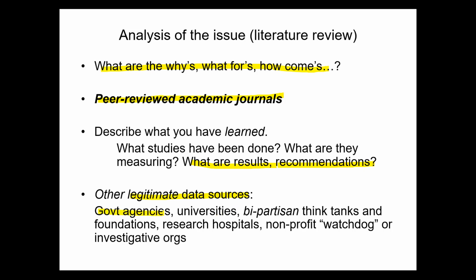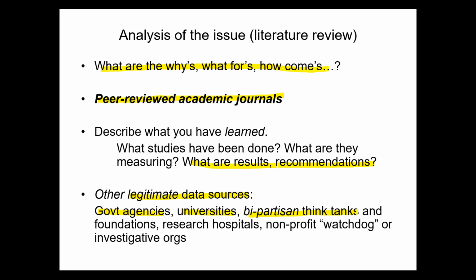There's lots of other legitimate data sources out there to help describe your topic, such as government agencies that are in the business of just compiling data and putting out reports, universities that even have groups within the university or professors providing information from their studies, bipartisan think tanks. Again, bipartisan is the key word here, because you're looking at nonprofit, nonpartisan think tanks that are just trying to get to what's really going on. Again, that may sometimes be hard to determine whether or not it's a partisan or bipartisan think tank, but you can usually find that out in the description of that particular organization.